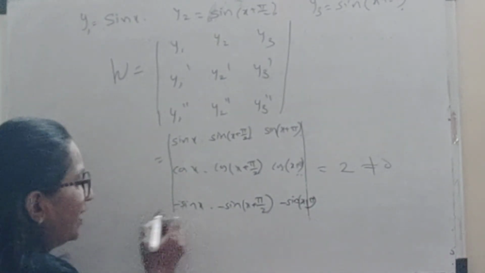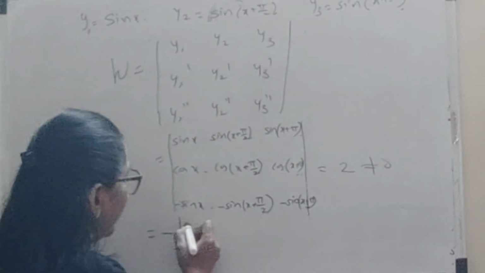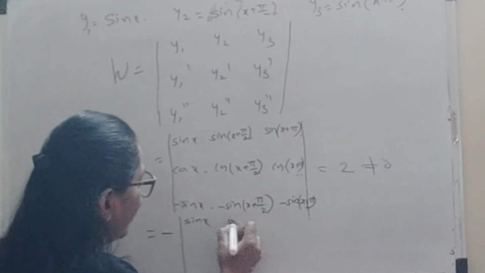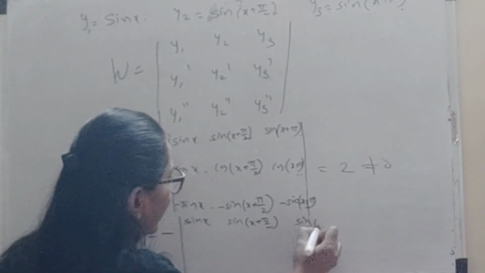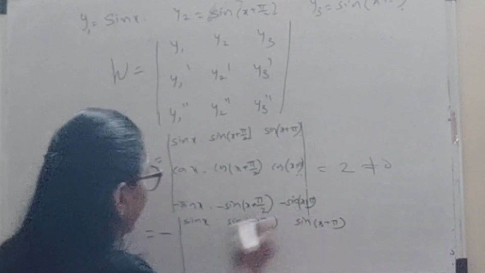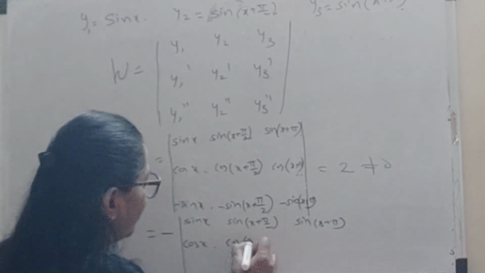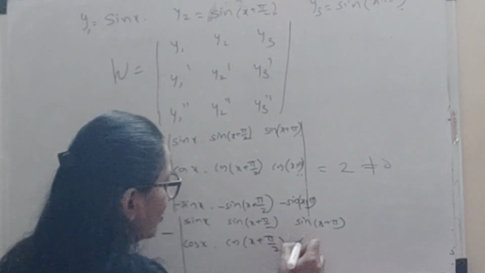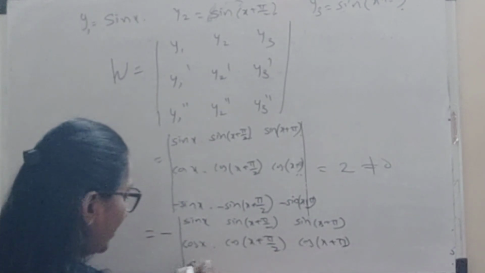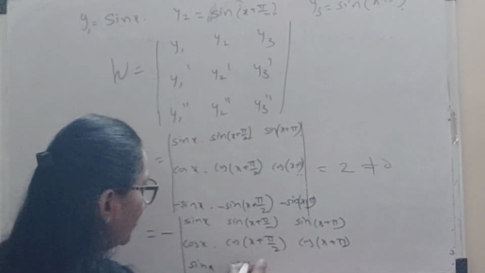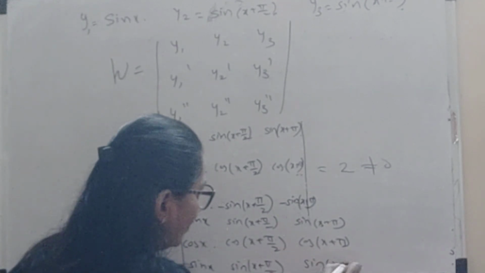Now if I shift this minus sign outside, then minus of the determinant with first row sin x, sin of x plus pi by 2, sin of x plus pi; next row cos x, cos of x plus pi by 2, cos of x plus pi; and last row sin x, sin of x plus pi by 2 and sin of x plus pi.